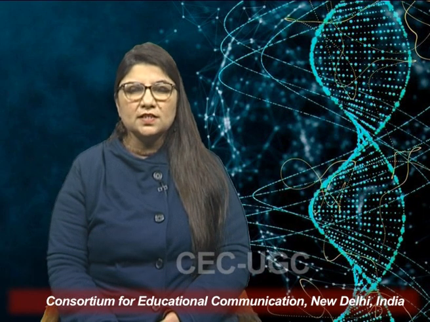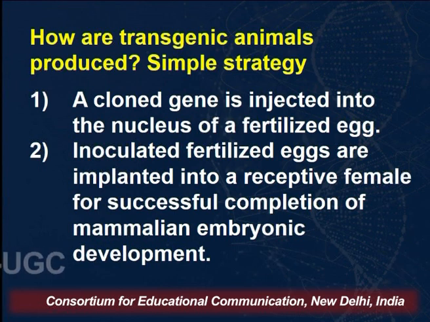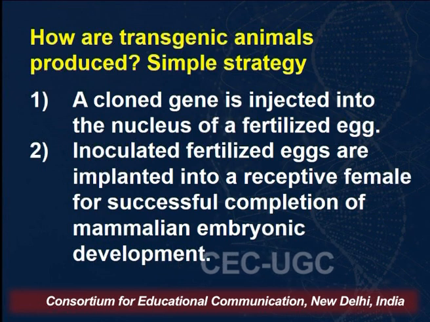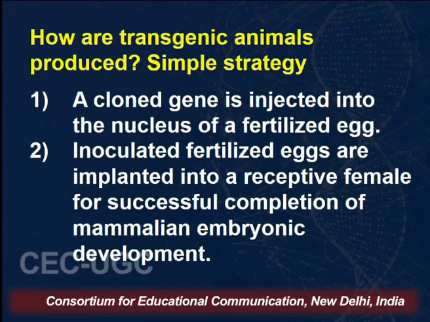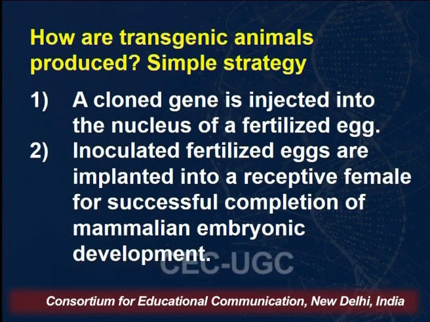Now, a very simple strategy that we had already discussed for generating transgenic animals is that first you clone a gene. Cloning a gene involves recombinant DNA technology, where we have talked about how genes of interest can be cloned into vectors and introduced into various host cells, the bacterial cells, yeast cells, or even eukaryotic cell lines, and then how they can be stably maintained in these cell lines.